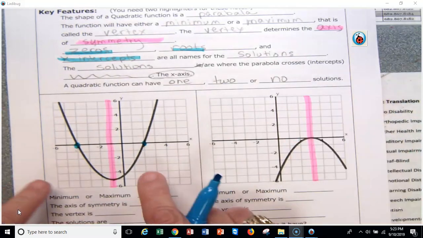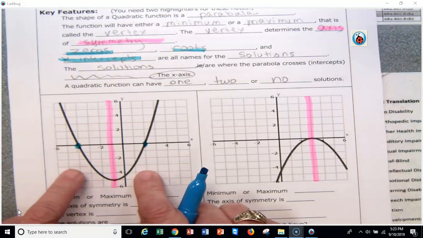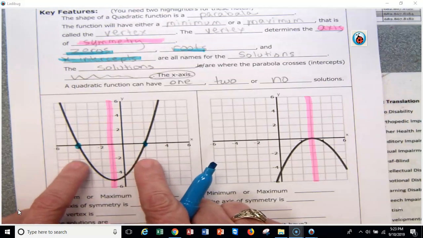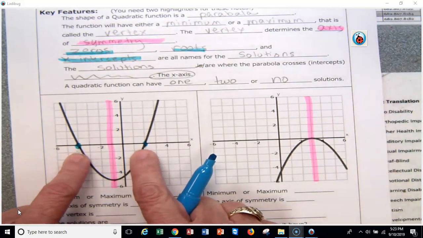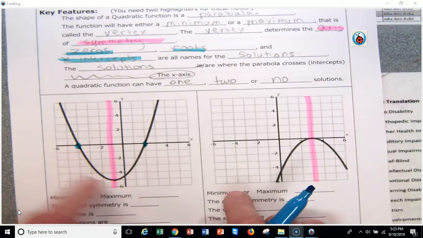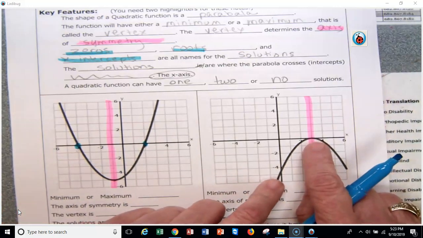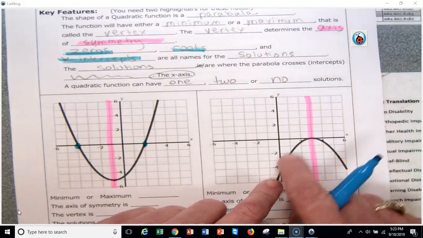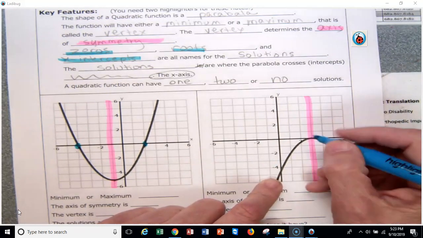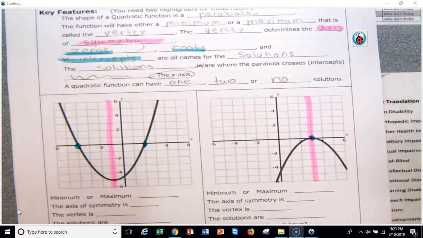Now this particular function has 2 roots or 2 solutions, 2 x-intercepts, okay, and I have highlighted those in blue for you because that's where they cross the x-axis. But let's look over here. This one is only really intercepting or touching that x-axis at one point. So it only has one solution, okay?